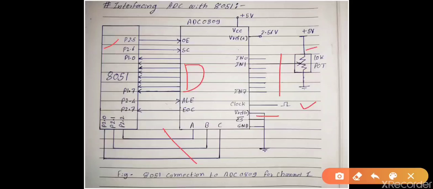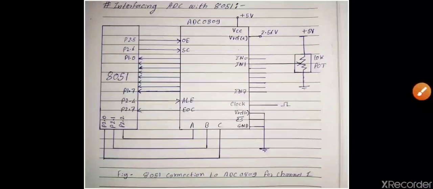So using this port you can give analog voltage to channel 1. Here you can see V reference positive is 2.56 volts, meaning that the step size of conversion will be 10 millivolts. Again VCC is given as 5 volts.